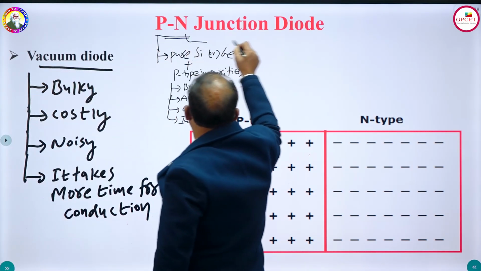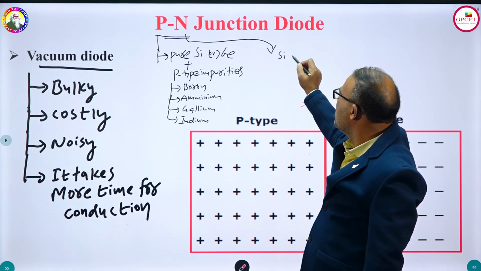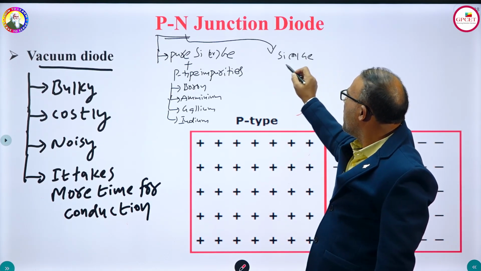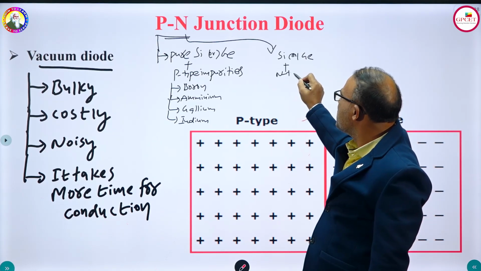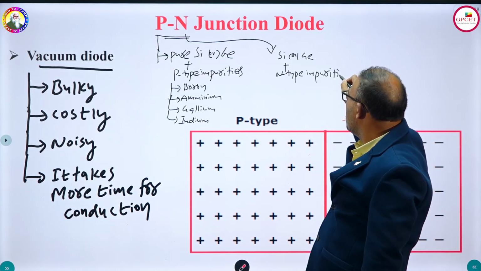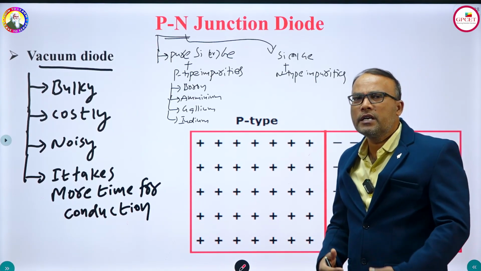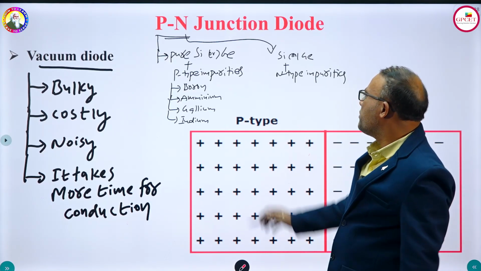Similarly, for the N-type semiconductor, to a pure silicon or germanium crystal add N-type impurities. What are N-type impurities? The majority charge carriers are electrons. All pentavalent impurities are N-type impurities.